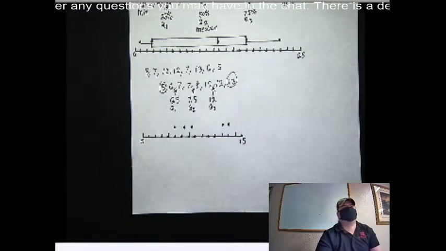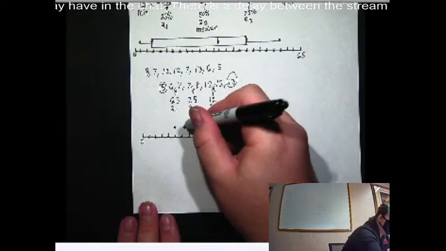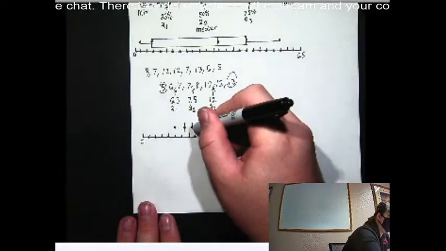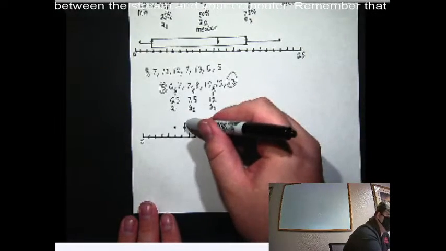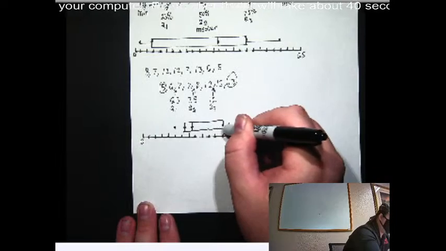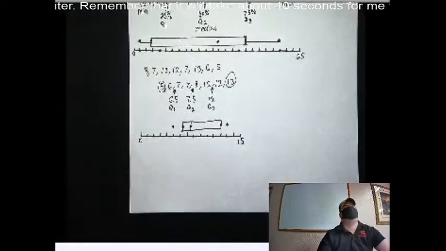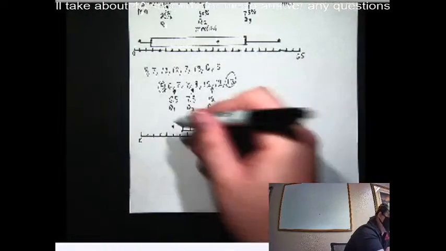So again, we want to start by making a box around our quartiles. So here's our first quartile, our second quartile, and our third quartile. Draw a box around them. And then we want to draw from the edges of our quartile range to the whiskers.